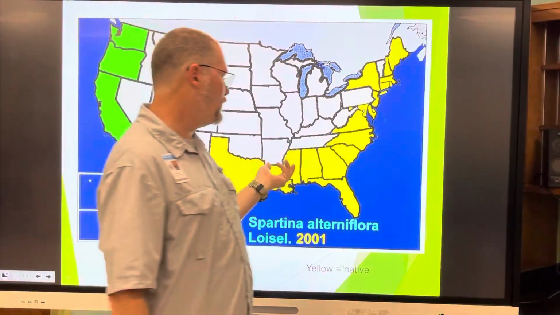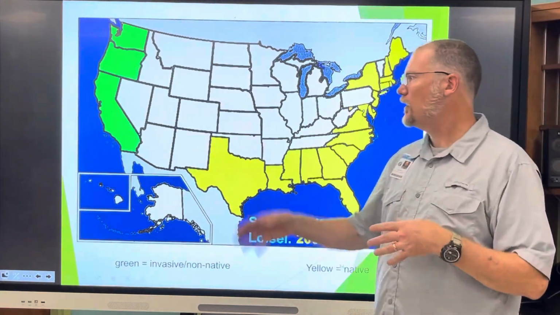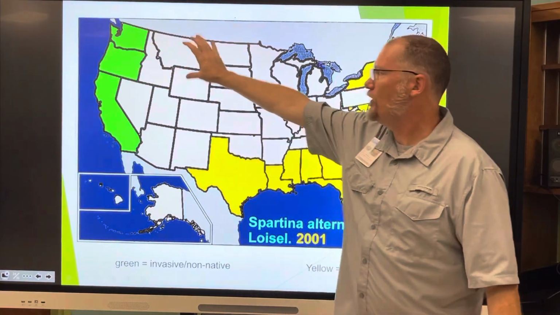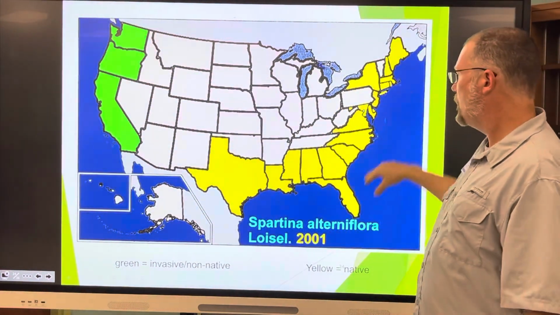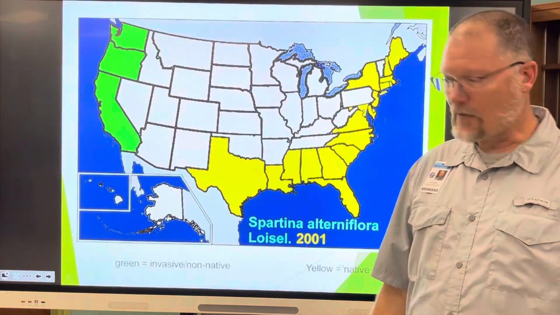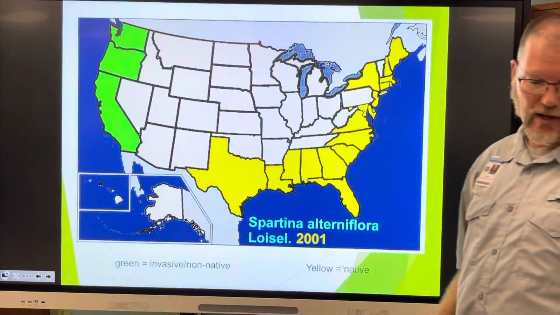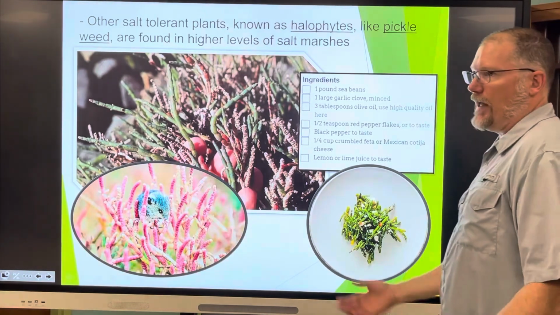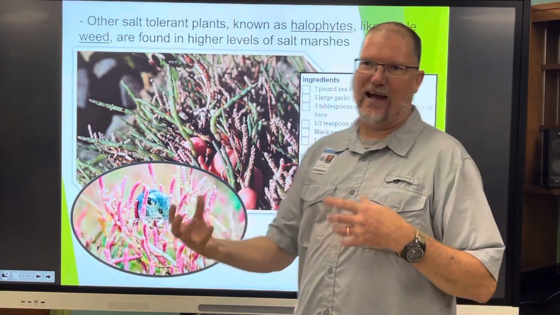Maybe somebody moved and brought their boat, and the boat had some of the grass or seed on it, and they drove it over here and it spread, and now it's invasive and taking over those parts of the coast in those states. And that was just 10 years ago. I don't know where it spread from there. It might have spread even further. Anything can become invasive if it's brought to someplace where it's not native.